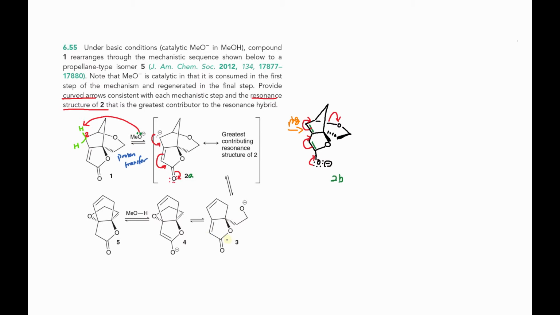And then from compound 3 to compound 4, the key difference is that we create a ring again from the oxygen. So I'm going to draw the lone pair around. And then you have to ask yourself, where is it going to attack?